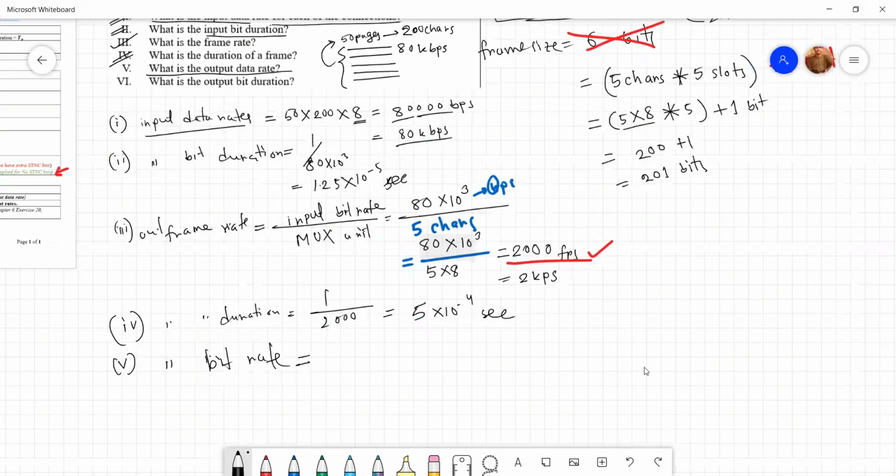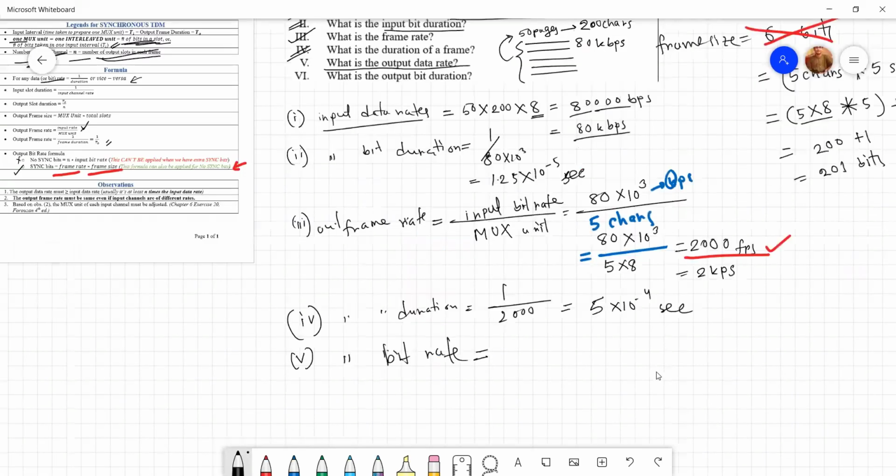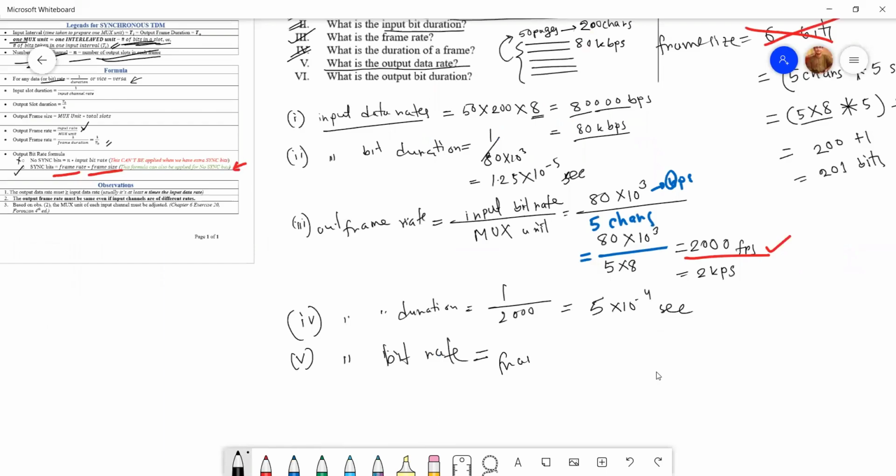Okay. So what is going to be my bit rate? The bit rate is going to use the frame rate into the frame size. Your frame rate in this case is 2000, and your frame size is 201. If you multiply them together, you will have 402,000 bps.